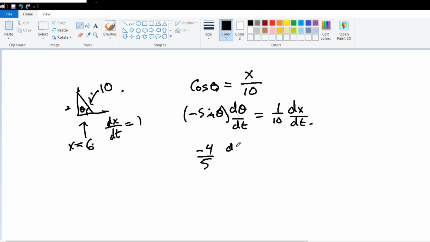And this is what we're looking for, d theta/dt. And this is 1/10. And dx/dt is, well, we were told that it is 1 at this instant.